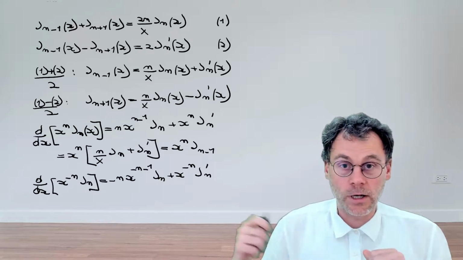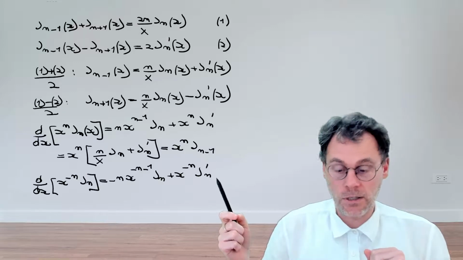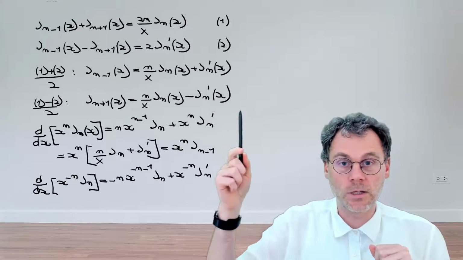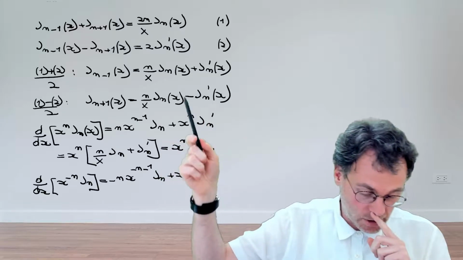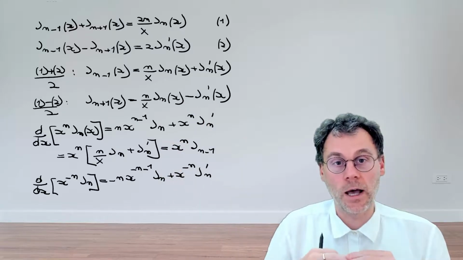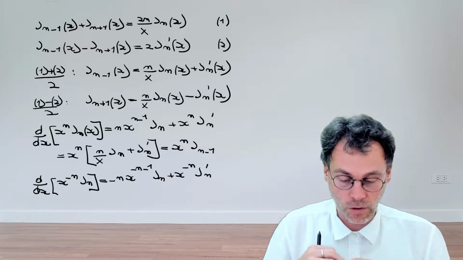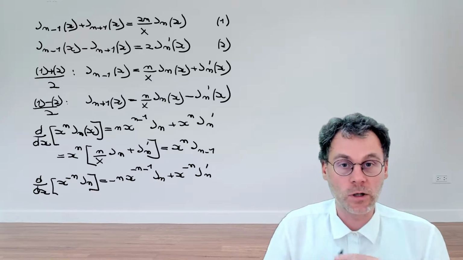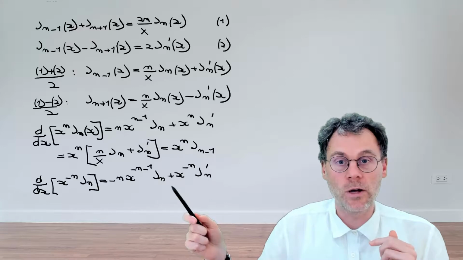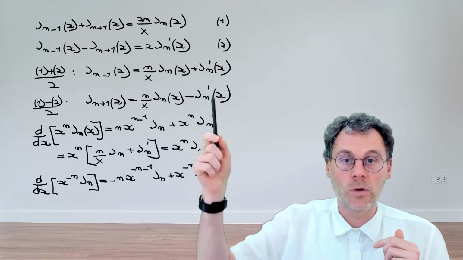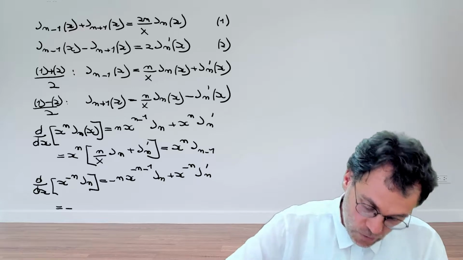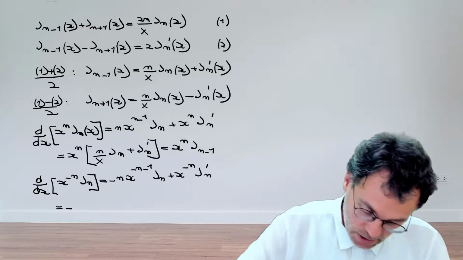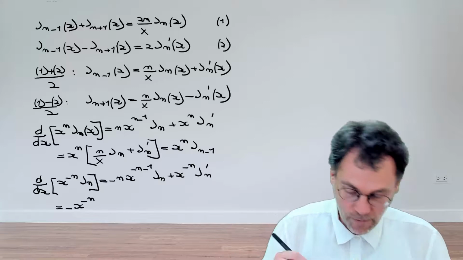Let's look for something that we can use. Obviously, this time it's going to be that expression over here. So again, you will notice if you just look at the coefficient of J_n', then we will be able to identify what we need to factor out. So if you compare that expression over here with this expression over there, then it becomes obvious that what you need to factor out is minus x^(-n).